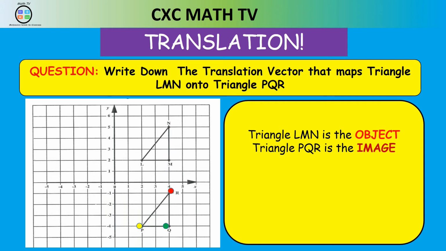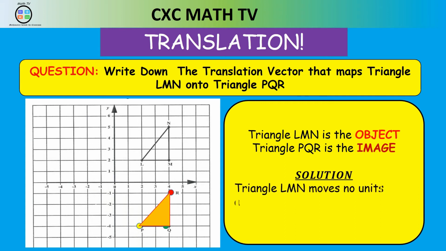It's not going to the left or right, but it is going 6 units downwards. So the translation vector is 0, -6. It is 0, -6 because we didn't go to the left or right. And when you go down, we know that it is negative. So that's why we write T equals 0, -6. That's the translation vector. That's a typical exam question.